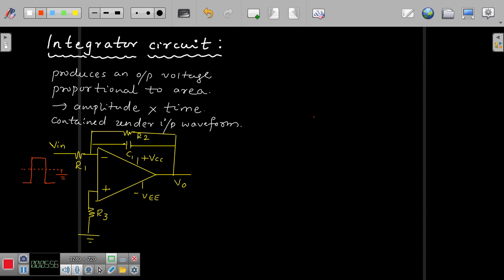And when I come to the output here, please note it carefully. If this is the ground level, my output would be something like this.